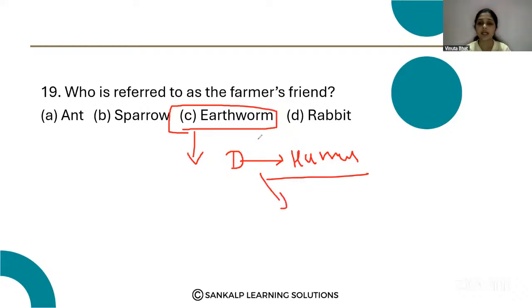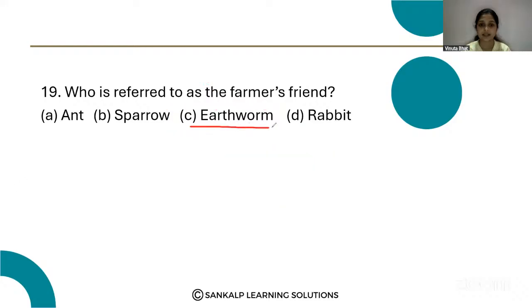So some organic black color material that is added to the soil, which is very rich in nutrients. They feed on the leaves and all, and they release nutrient rich matter to the soil. So soil fertility increases because of the earthworm. That is why it is called the farmer's friend.